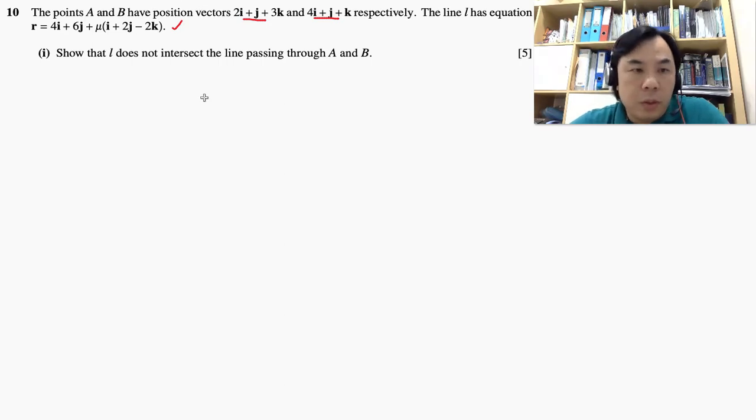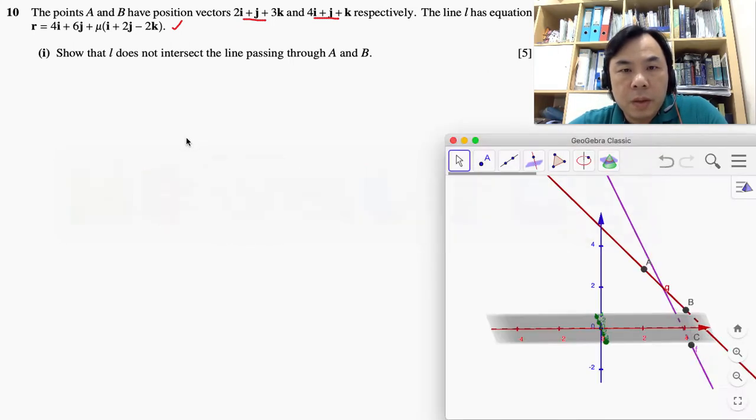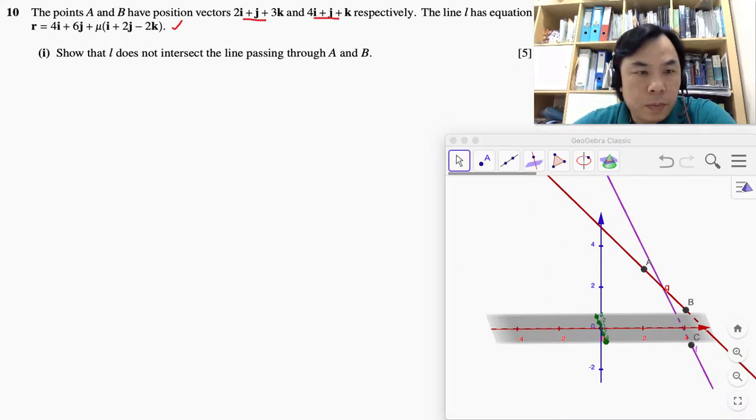Before we start with this, let me show you how all these objects actually look in three-dimensional space, before we start proving that the line L does not intersect with AB. Basically we have two lines here.